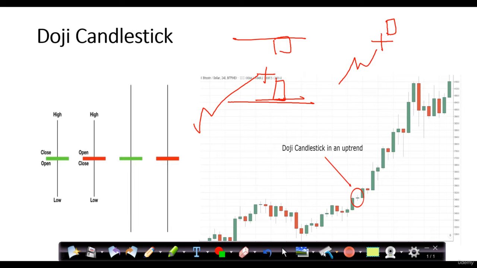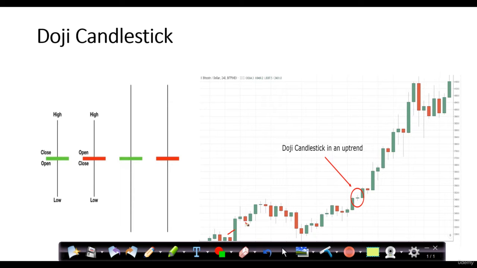What I personally suggest is, if you see this example, the market is in an uptrend, right? You see the Doji candlestick. After the Doji candlestick, mark the Doji high and low. If any candlestick crosses above or below this Doji candlestick, you can make an entry.